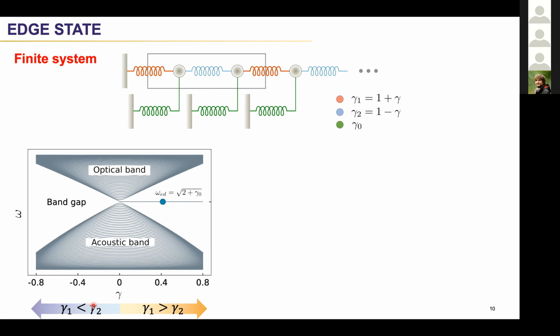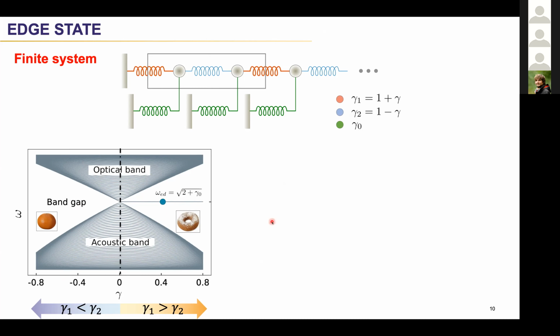One is the trivial system, which we discussed earlier, gamma 1 less than gamma 2, denoted by orange. Whereas the right-hand side system, which has gamma 1 greater than gamma 2, is a non-trivial system. And physically, that system will have an edge state on the left boundary.